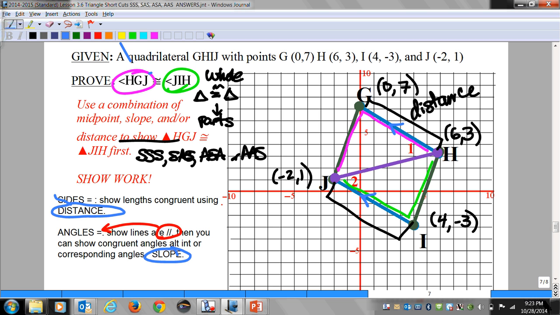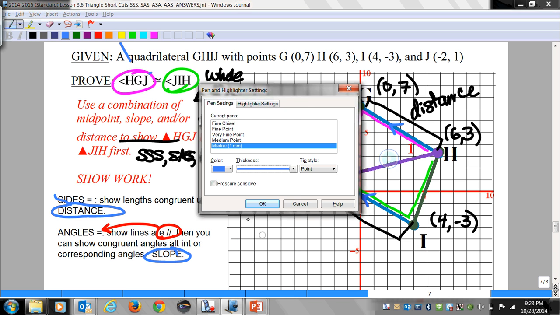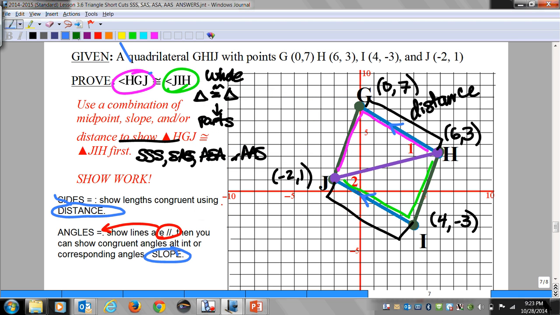And if they're parallel, then I can get the armpits of the Z going on. But I first have to show parallel. Armpits of the Z would give me angles 1 and 2 as congruent. That would give me a pair of angles.